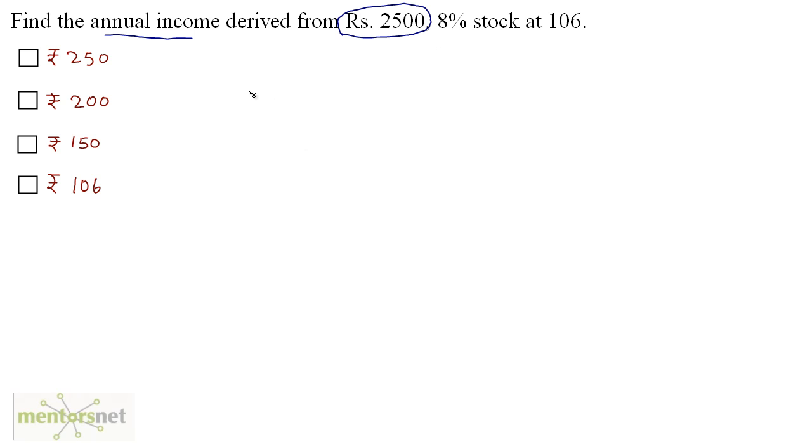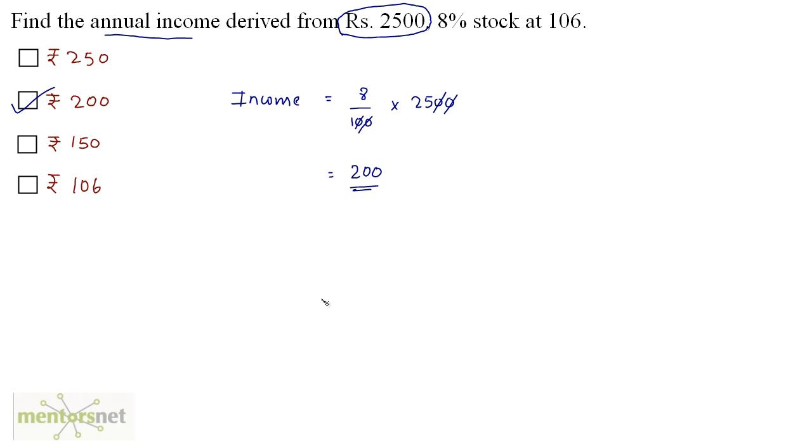Okay, so income will be equals to the 8% of the face value, that's 8 by 100 times the face value is 2,500. Okay, so cancelling out the zeros, I get 25 times 8, and that is 200. So 200 rupees is the annual income obtained from 2,500 rupees.